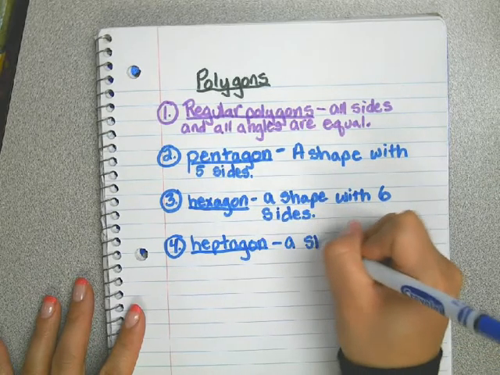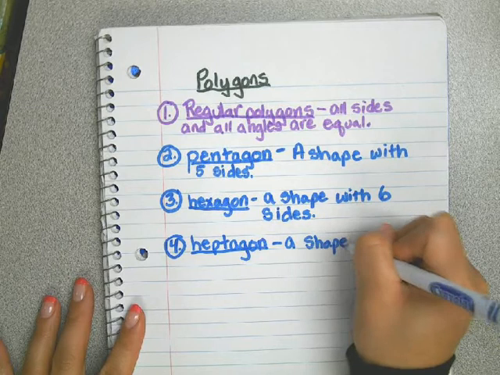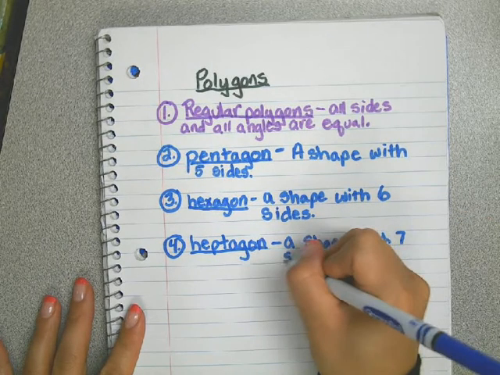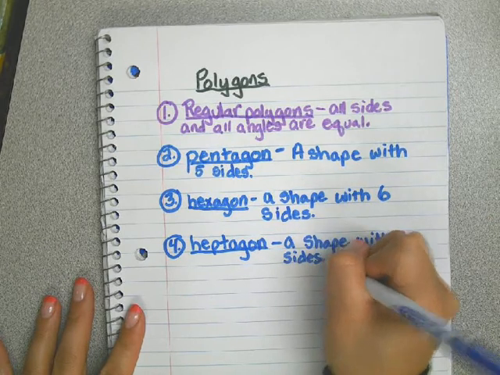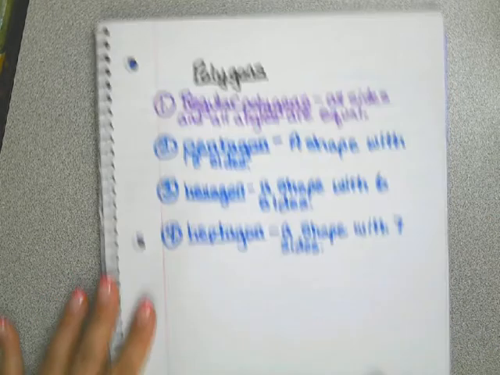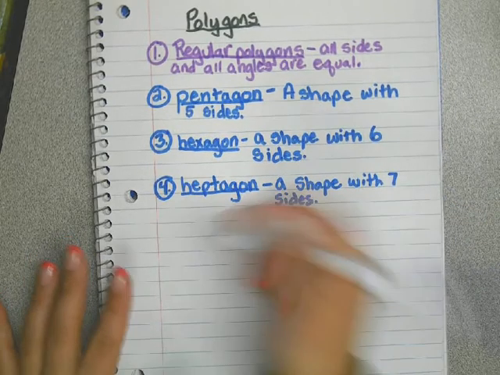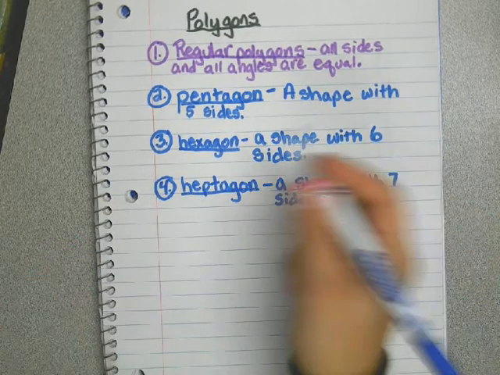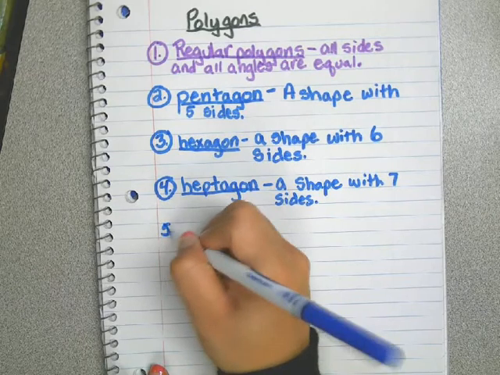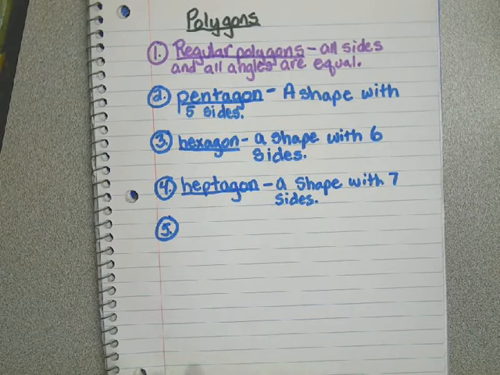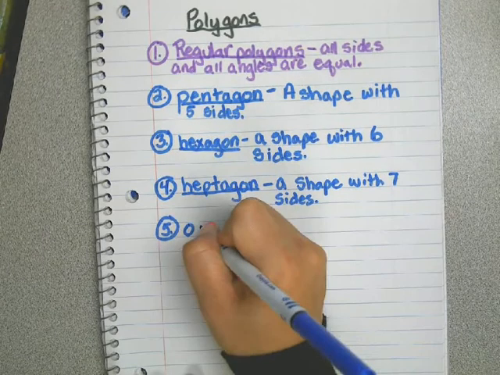No. Octagon reminds me of an octopus. It's a heptagon. A heptagon you don't really see a lot. A heptagon has 7 sides. A shape with 7 sides.